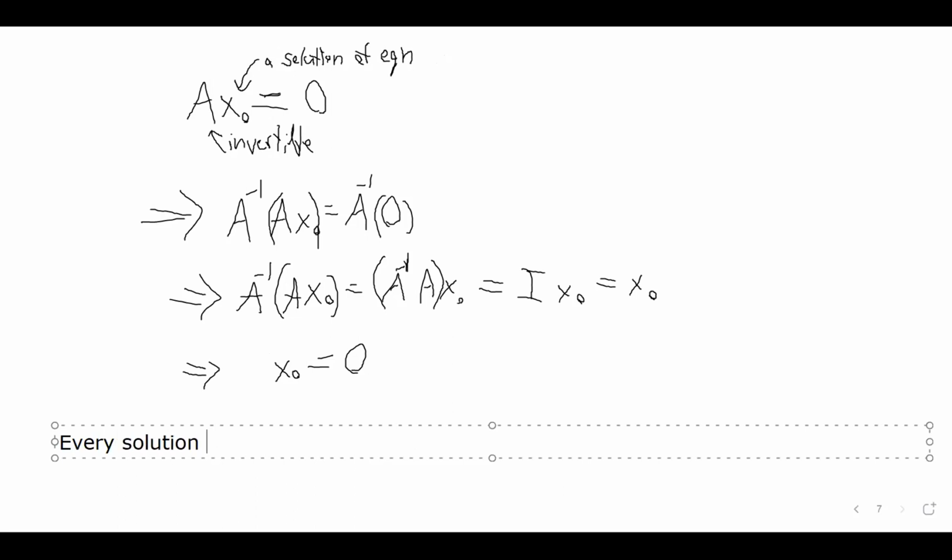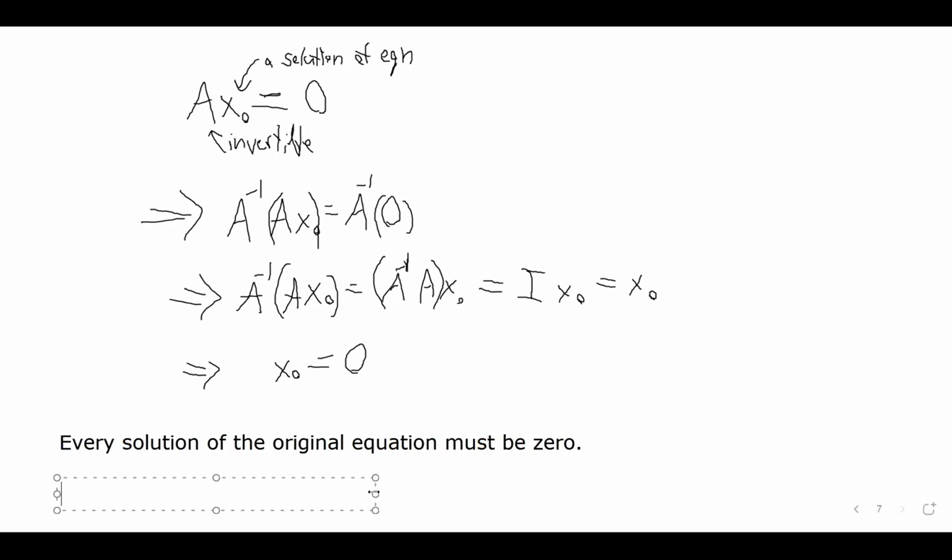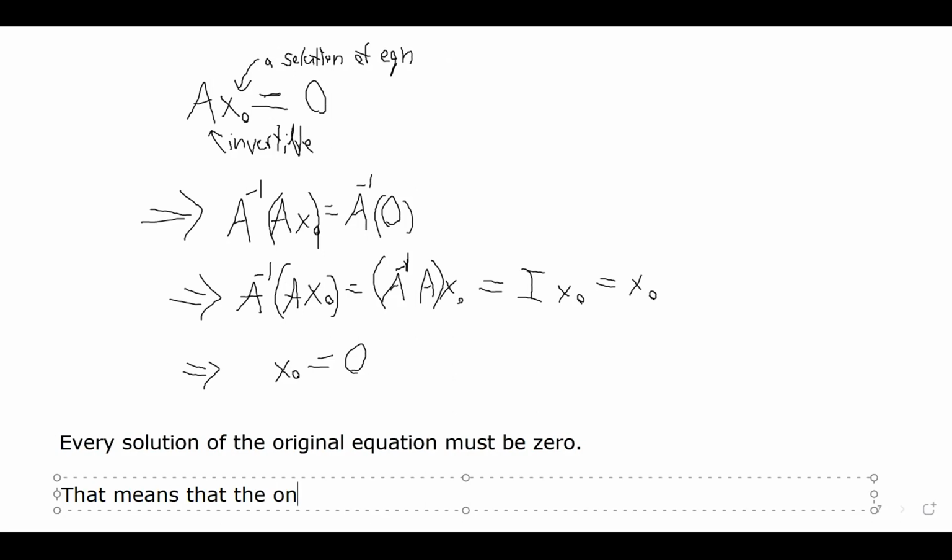So our final conclusion is that every solution of the original equation must be 0. In other words, 0 is the only solution, right? Assuming that something is a solution of that equation implies that that solution is 0. So the only solution to the equation is x equals 0.